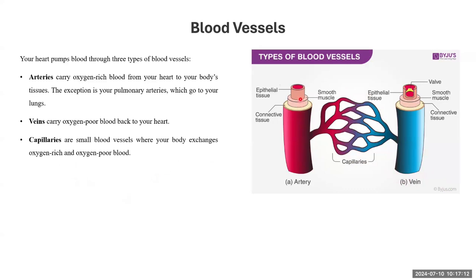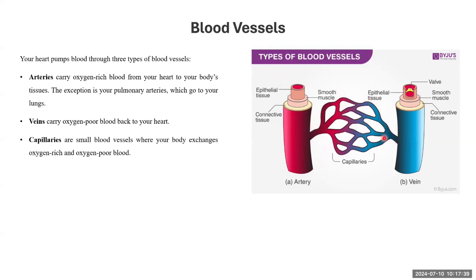This vessel gets blood from the heart, which means when the heart pushes, these arteries carry blood away from the heart toward the body, and when it branches out, it forms smaller and smaller vessels, and at the end it forms capillaries. Capillaries have two sides, one is the arterial side and one is the venous side.